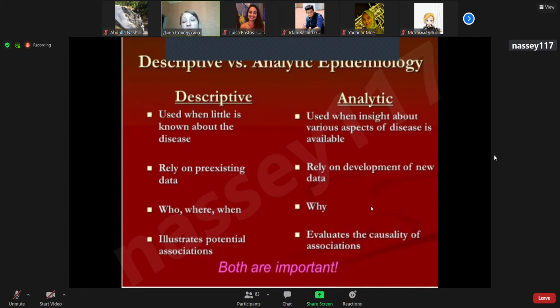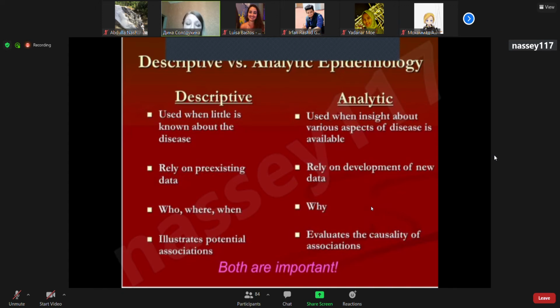If you want a deeper, more profound understanding of a disease pattern, we will develop our system of searching and collecting data, and usually we will try to collect some new data.